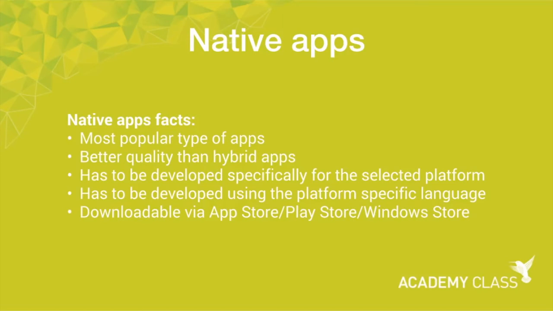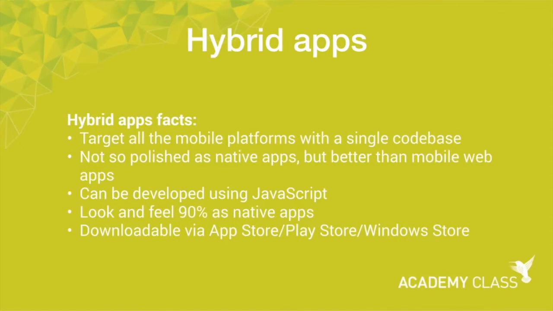And for the few people who want to develop for Windows, they have to make a separate project, again a new and different app. These apps are downloadable via the App Store for iOS, Play Store for Android, and Windows Store for Windows.